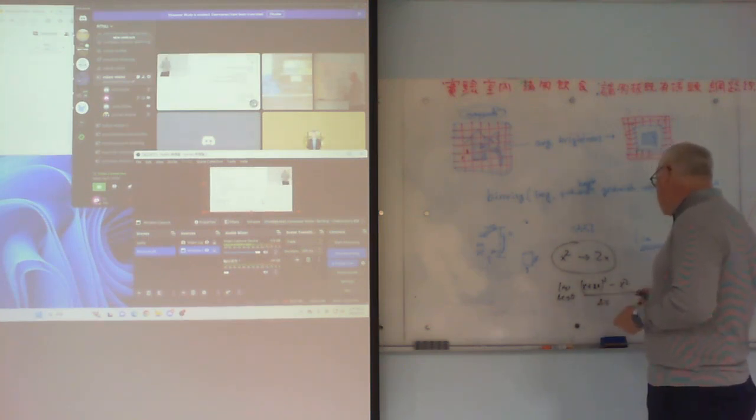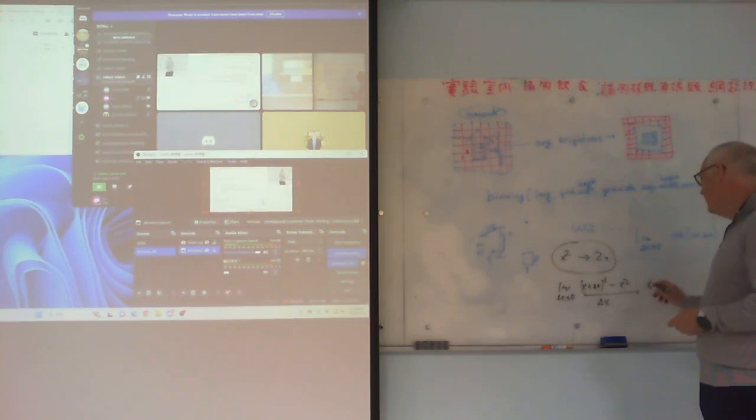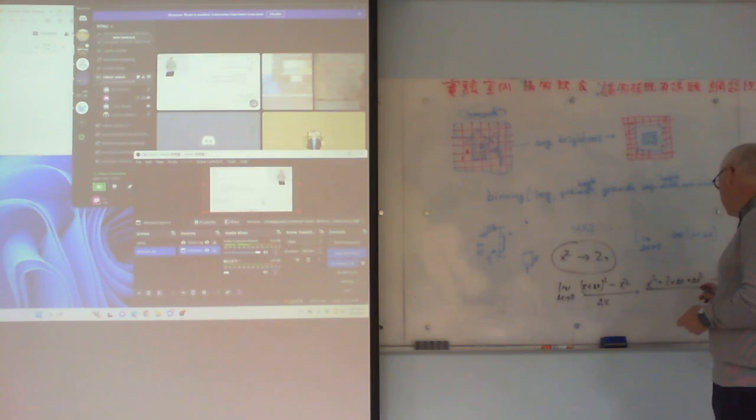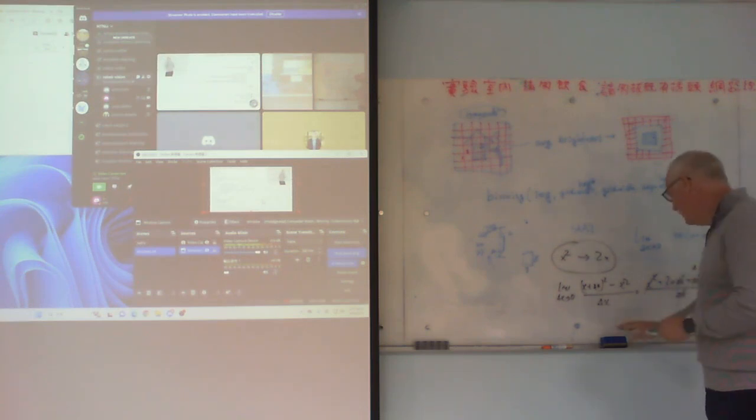That gives us x squared plus 2x delta x plus delta x squared minus x squared, divided by delta x. So these two cancel. Delta x here doesn't cancel, but the square cancels.